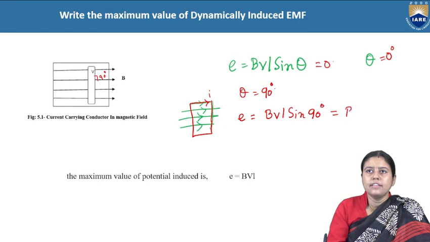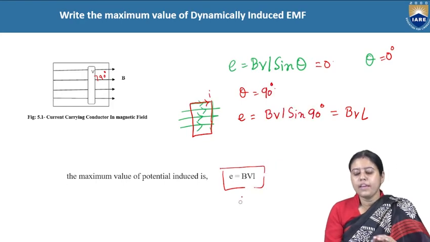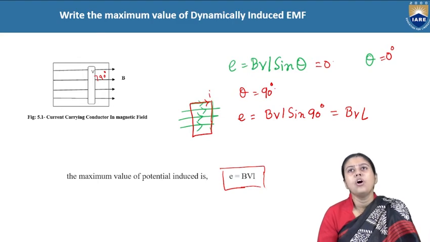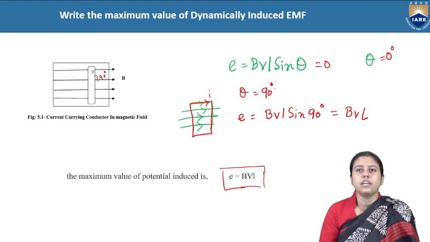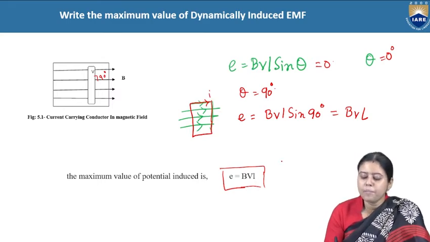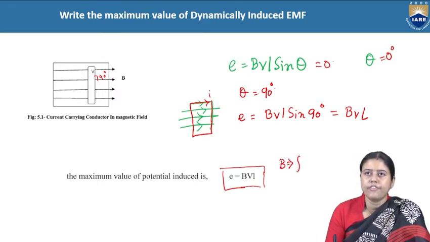So we can write E is equal to BVL. So the maximum value of the dynamically induced EMF is E is equal to BVL. What is the meaning of B? B is known as the flux density.